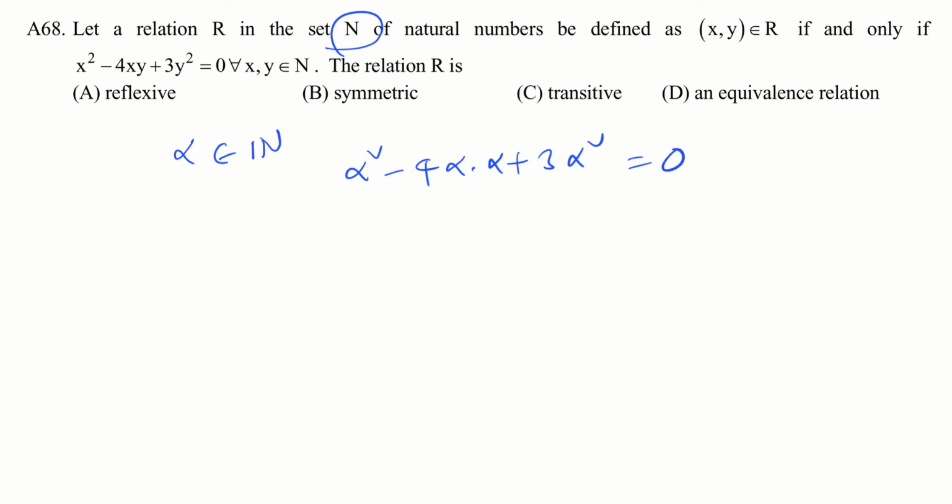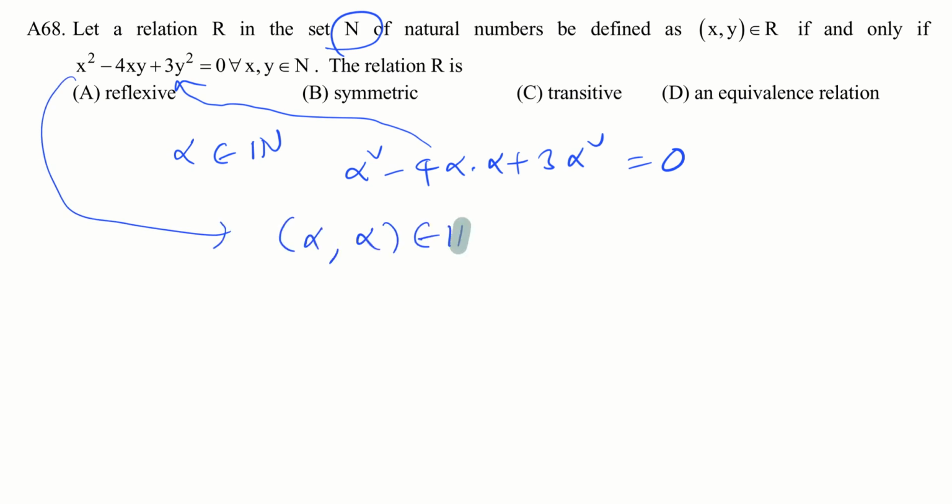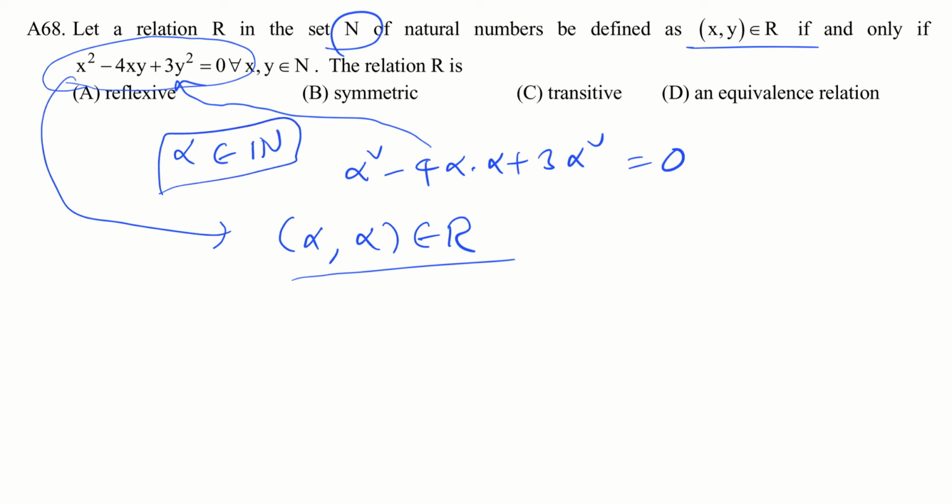So as this is true, I can say that (alpha, alpha) belongs to R. That is the definition of the relation R. If this relation is true, then we say that (x, y) belongs to R. So in place of x and y here, we have alpha and alpha. Therefore (alpha, alpha) is there in the relation. Therefore, for each element in N, that pair is there in R, that means R is a reflexive relation.